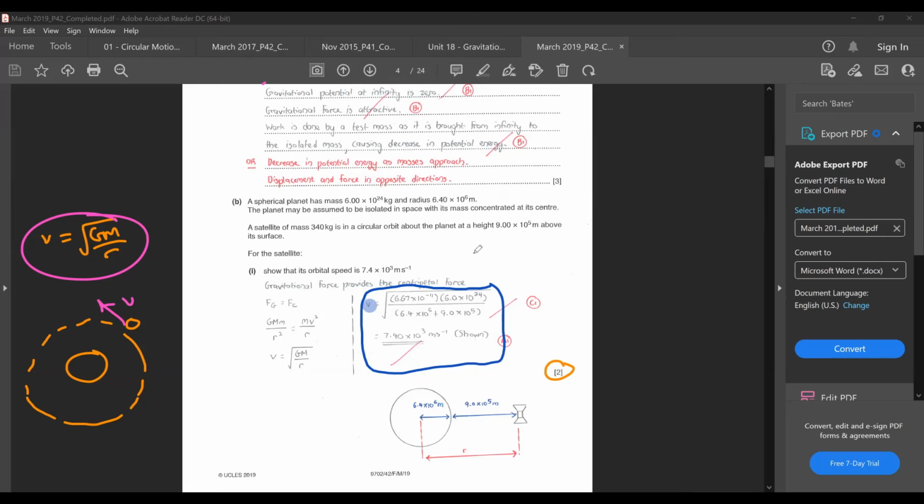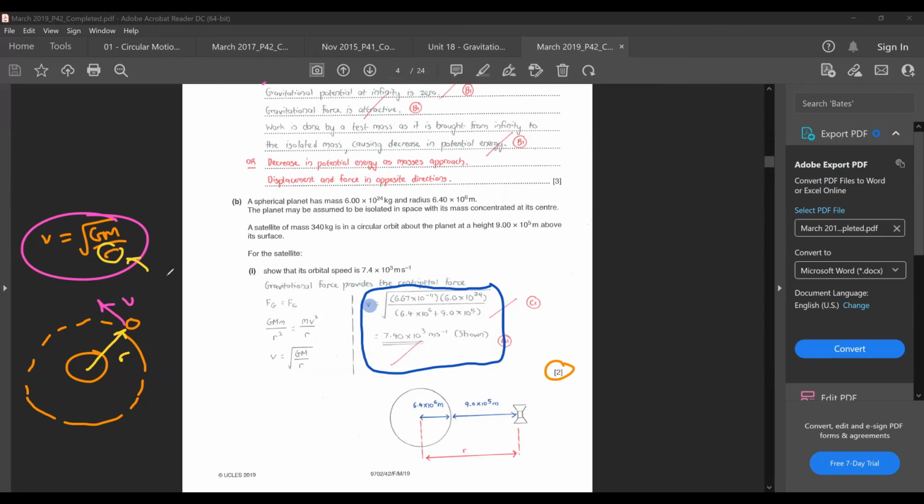But here you need to be careful about your distance r. By now you should know that your distance r is supposed to be the center to center distance between the masses. This one is your distance r.